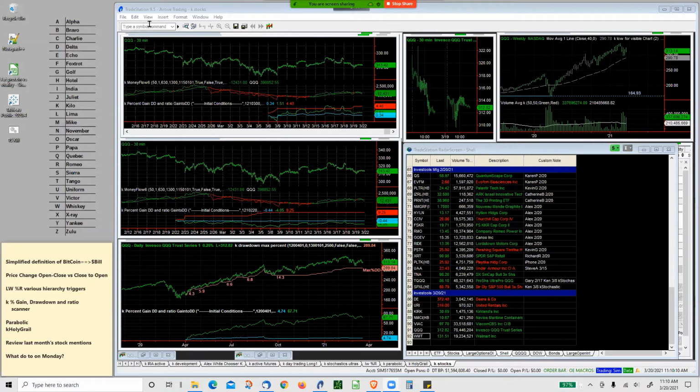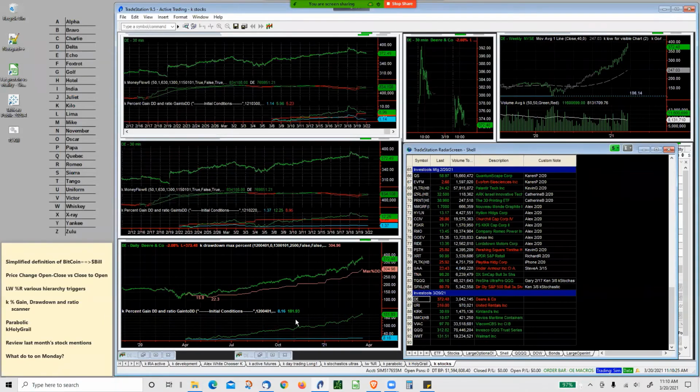So you had these other signals here, DE, URI. Do you have any particular entry triggers? So some of these are based on just 90-day relative strength. And then within what I do, it's kind of a top-down approach.